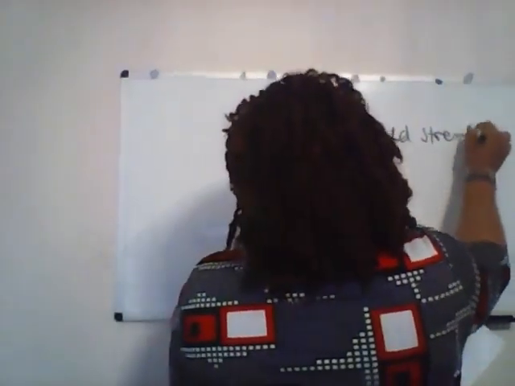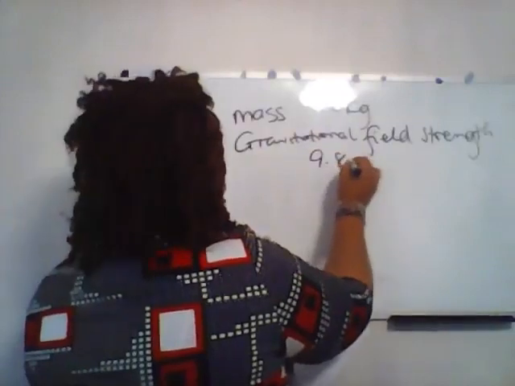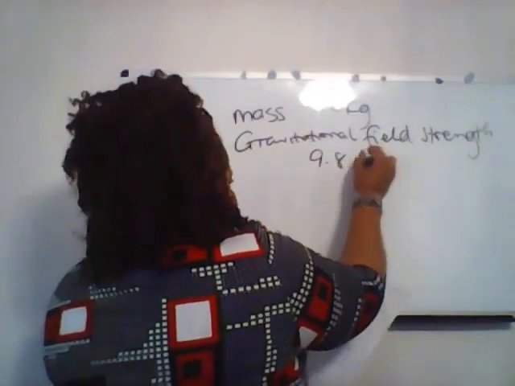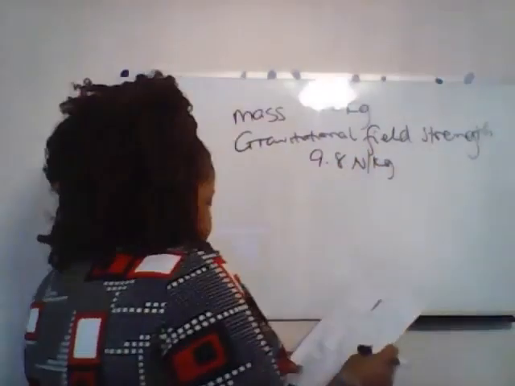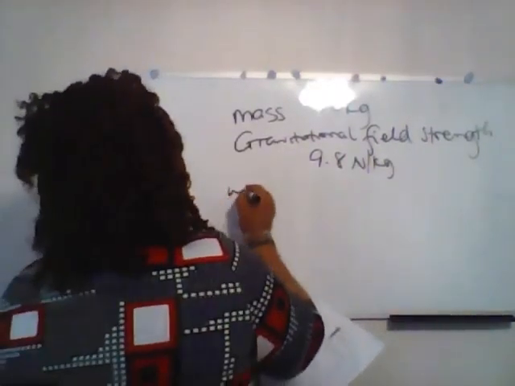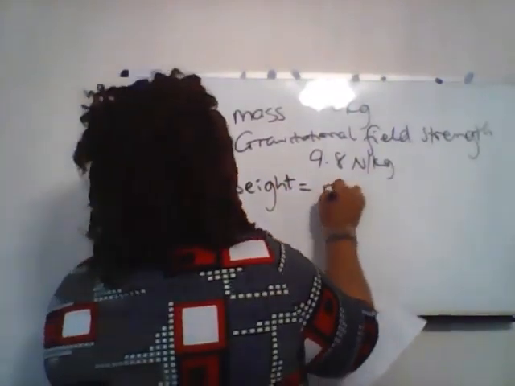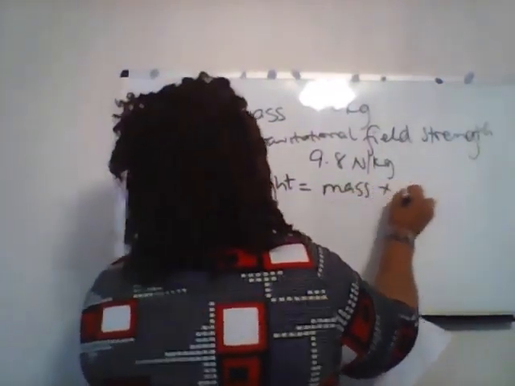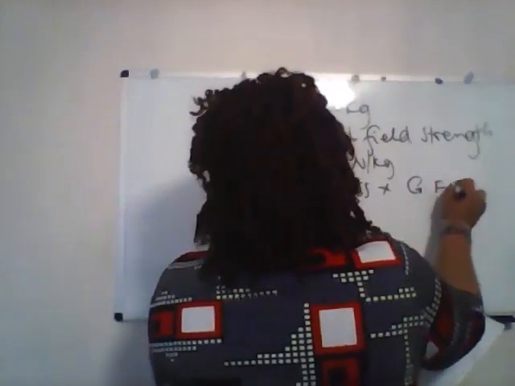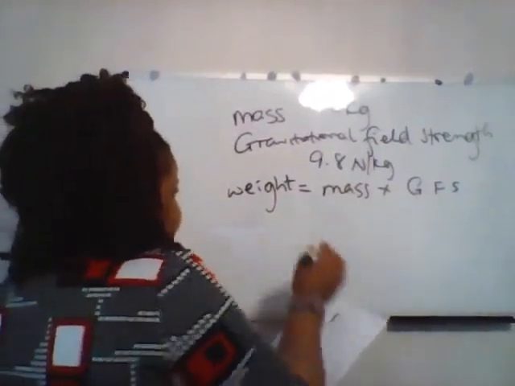You will notice that this was also on your P1. It is 9.8 newtons per kilogram. And then the question is use the following equation: weight is equal to mass times the gravitational field strength, right? It says give your answers to two significant figures.